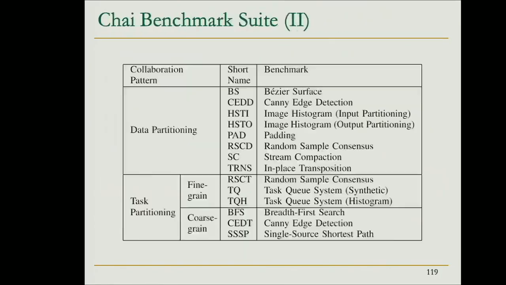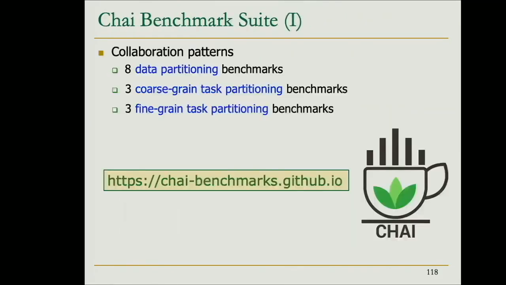More examples, and this is the thing that I wanted to show you. If you want to take a look at these kinds of collaborative patterns, you can access the Chai benchmark suite, where you will find many of these patterns and different ways of using these new programming features.